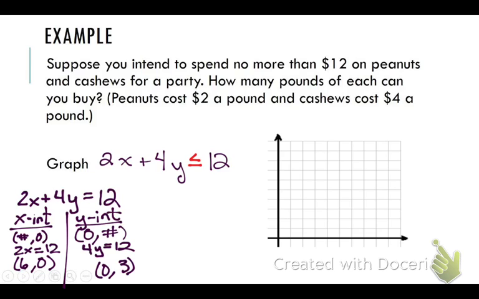We're going to graph those points on this, but we need to label it. Since I'm dealing with a word problem, we need to label it. So we defined our x-axis, or our x, what was it? Pounds of which one? What was our x? Peanuts. Okay, thank you. Pounds of peanuts versus pounds of cashews.